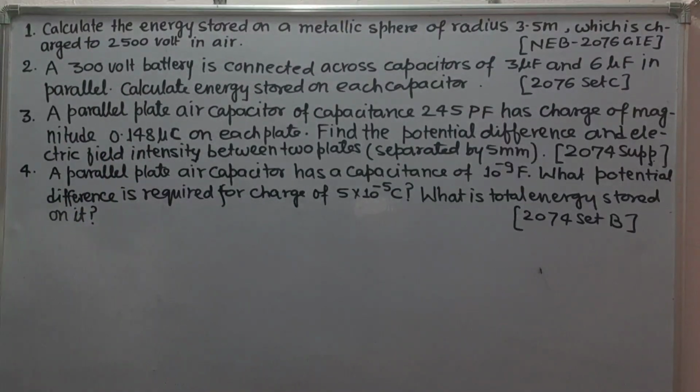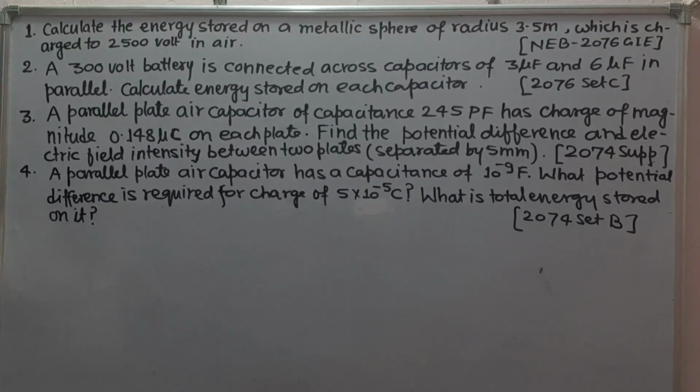Now we take question number 1. The question is, calculate the energy stored on a metallic sphere of radius 3.5 meter which is charged to 2500 volt in air. Now solution to question 1.